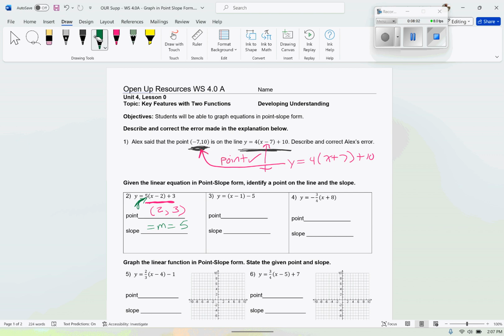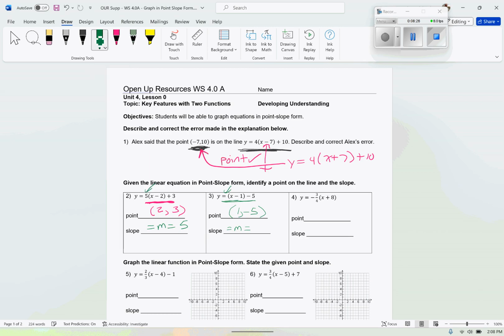Okay? All right. Talk me through this next one. What's my point going to be from this equation? 1, negative 5. Good. What's my slope? What's the number out in front of these parentheses that we can't see? Is there a number outside these parentheses?